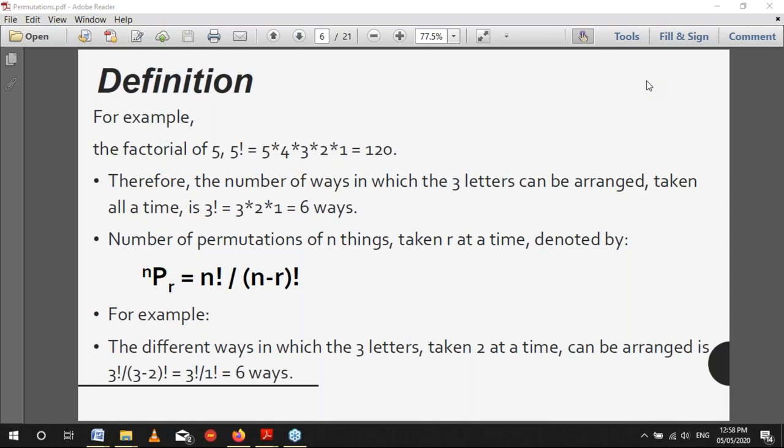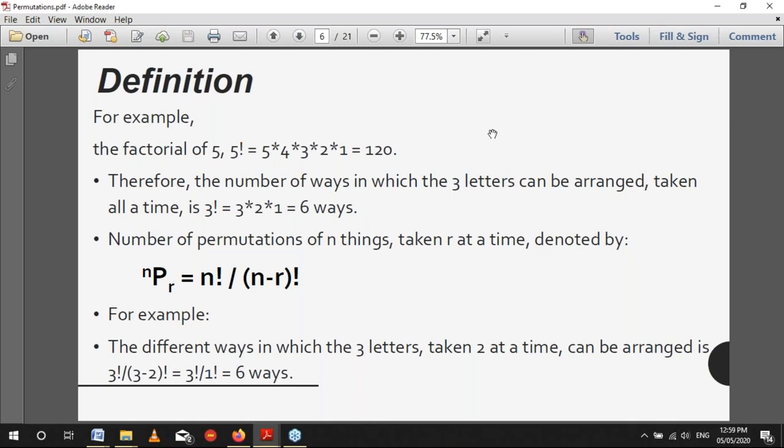Now, the different ways in which 3 letters taking 2 at a time can be arranged. Let's use this formula to solve this other question. You have 3 letters and 2 are taken at a time. How can we arrange it?